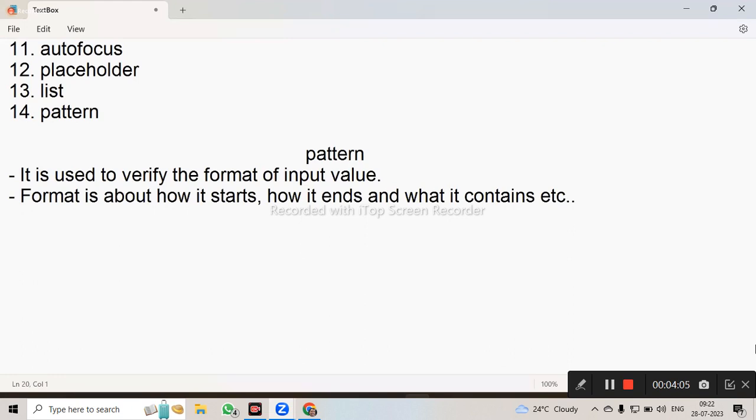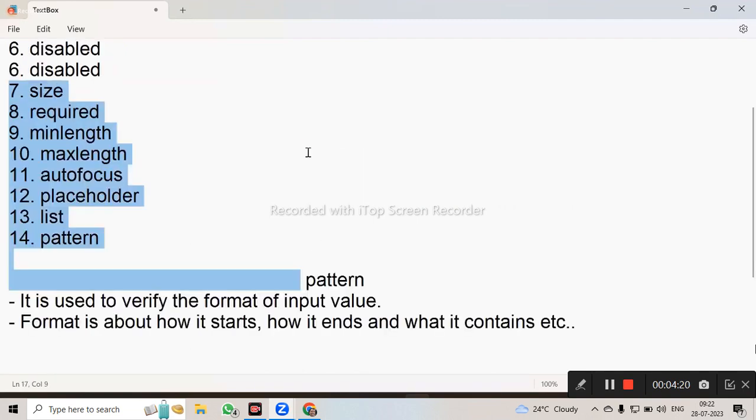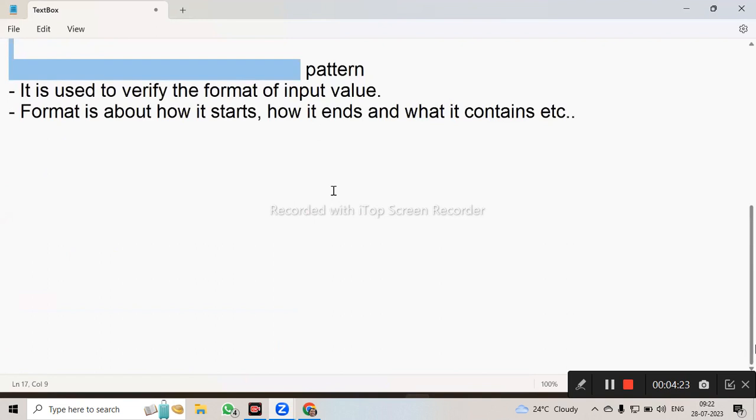For the UK, +44, like that. It should start with a certain format, end with a certain format, and contain a certain format. That we generally have to verify by using a pattern.